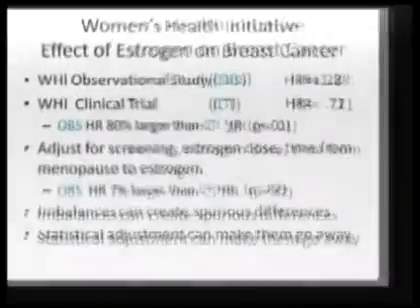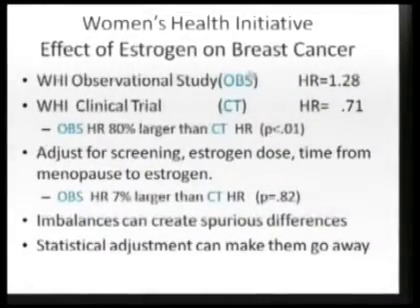Another example that was talked a lot about yesterday was the Women's Health Initiative, mostly focused on cardiovascular disease. Here I'm going to be talking about the effect of estrogen on breast cancer. So Ross Prentice did a study, I think it was in epidemiology, where he noted that in the observational study, the hazard ratio for breast cancer was about a 30% increase, and in the clinical trial, there was a 30% decrease.